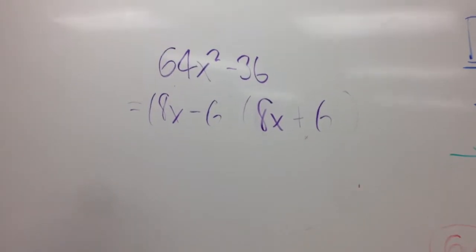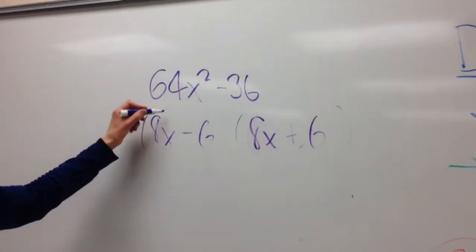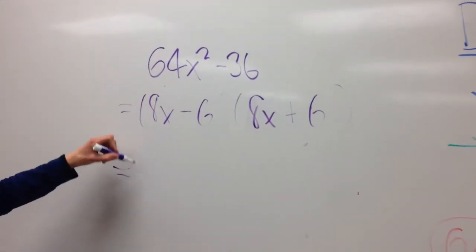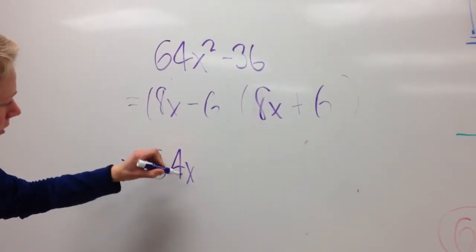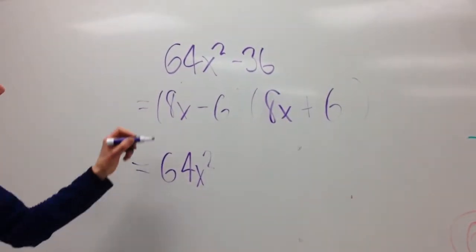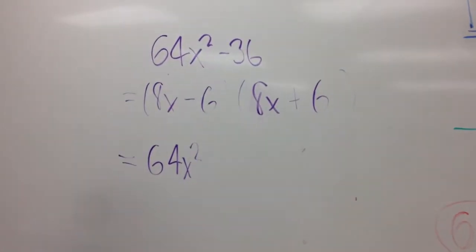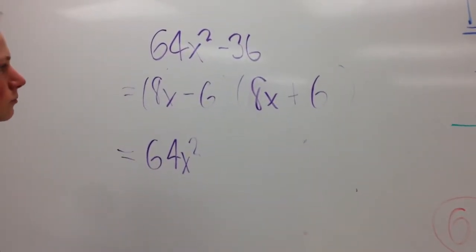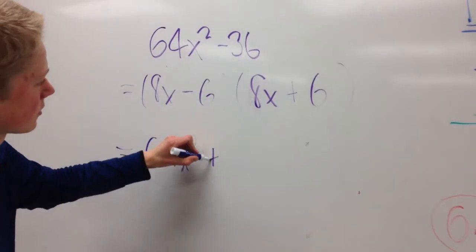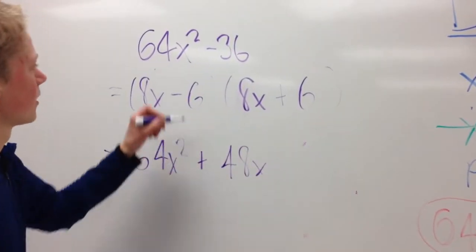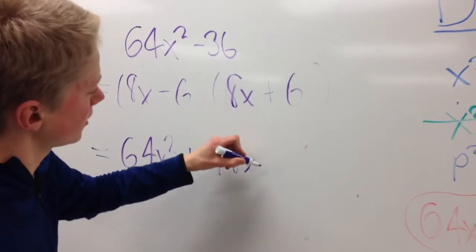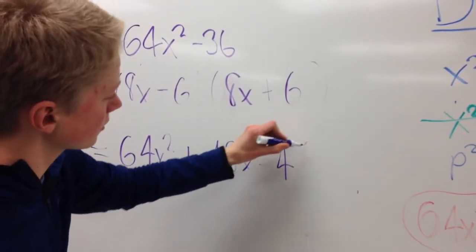Awesome. And that's simple. It's pretty easy. Now we just need to remember that 8x times 8x equals 64x squared. 8x times 6 gets us 48x. And then negative 6 times 8x equals negative 48x.